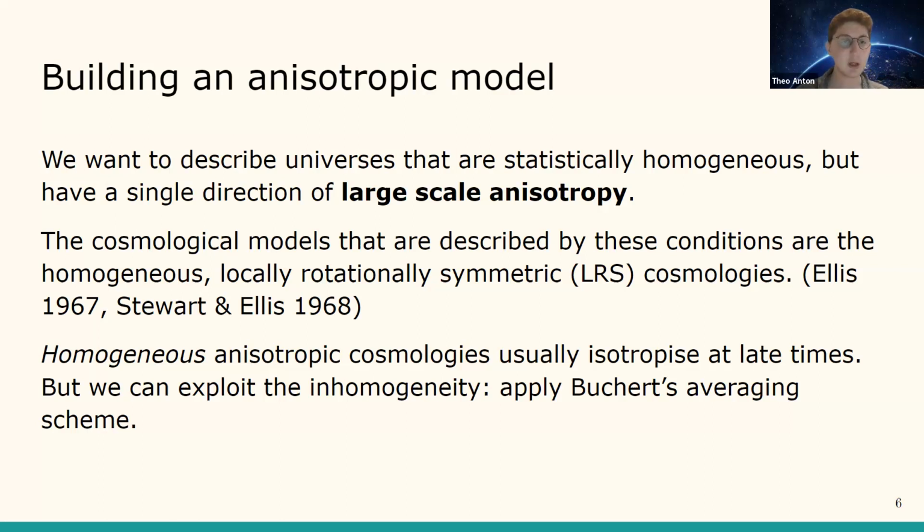And the homogeneous anisotropic cosmologies that these ones fall into, as I said, usually isotropize. But if we exploit this averaging scheme, we can see how that picture may change once we consider the effect of inhomogeneity. And for example, we might be interested in whether the anisotropy, or some measure of that anisotropy, actually grows at late time because of this inhomogeneity.